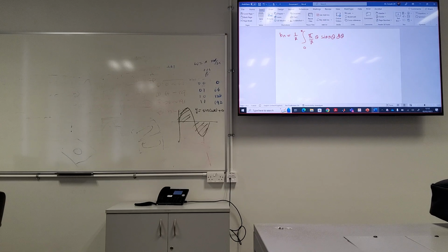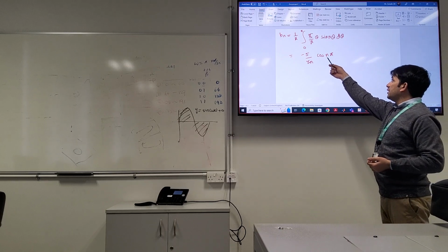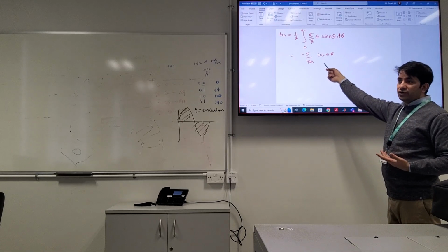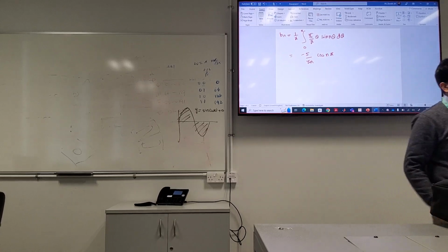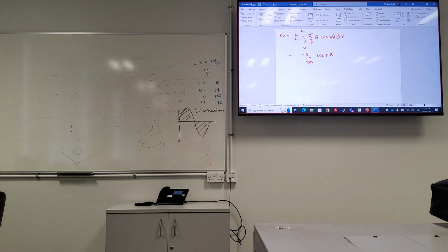I will just write the final value. It's minus 5 because it's same as we have done previously, cos of n pi. And in this case, you can see that if there is an odd value, then this term would become plus, and if there is an even value, this would remain negative. So it means that an was only there for odd, but bn is for all the values. And so finally, I will bring it here.